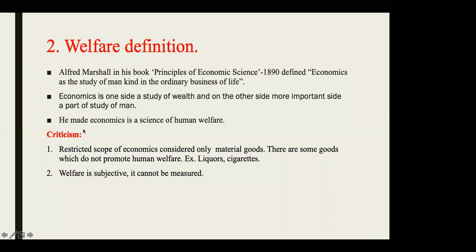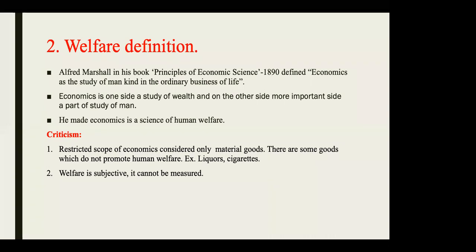And there are also criticisms for this definition. A restricted scope of economics considered only material goods. There are also some goods which do not provide human welfare. Suppose we produce more liquor and cigarettes, they do not provide any human welfare. And welfare is subjective, it cannot be measured. For a poor man, if you provide him shares of companies or something like that, he doesn't know what to do.